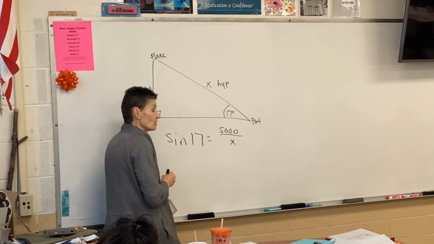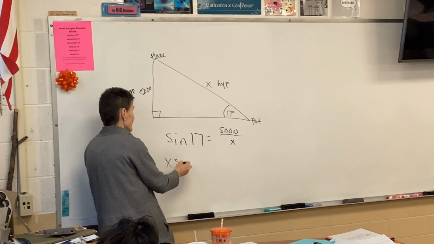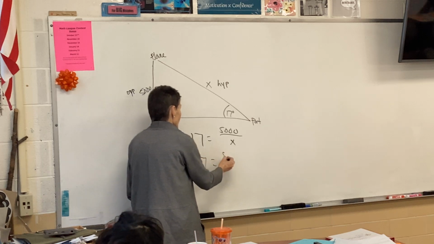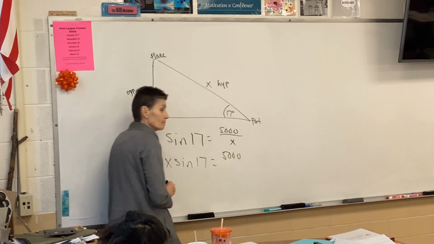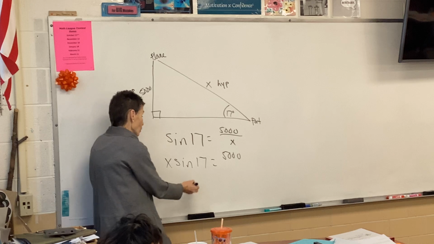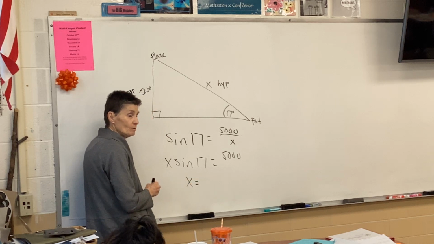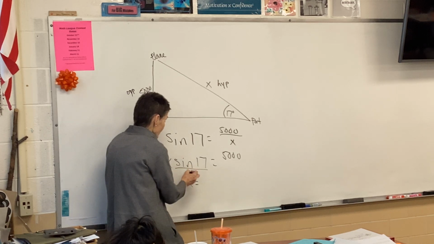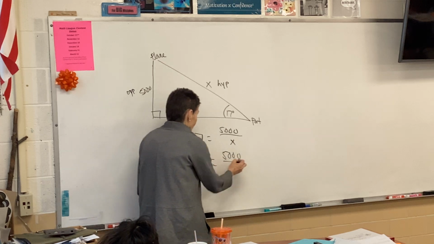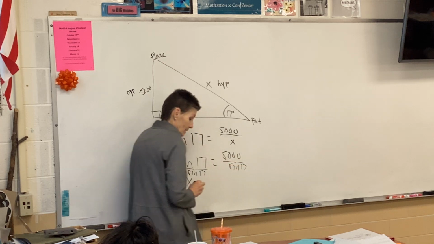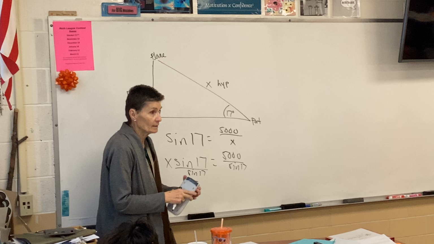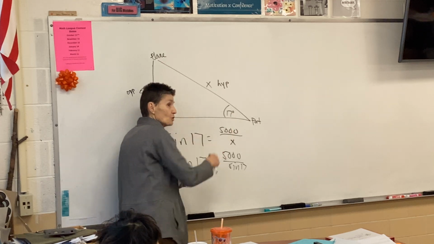Always clear your fraction. So x sine 17 equals 5,000. And I want to know what x is, so what am I going to do? Divide by sine 17. So I'll go to my trusty calculator. By the way, that is a degree measure.